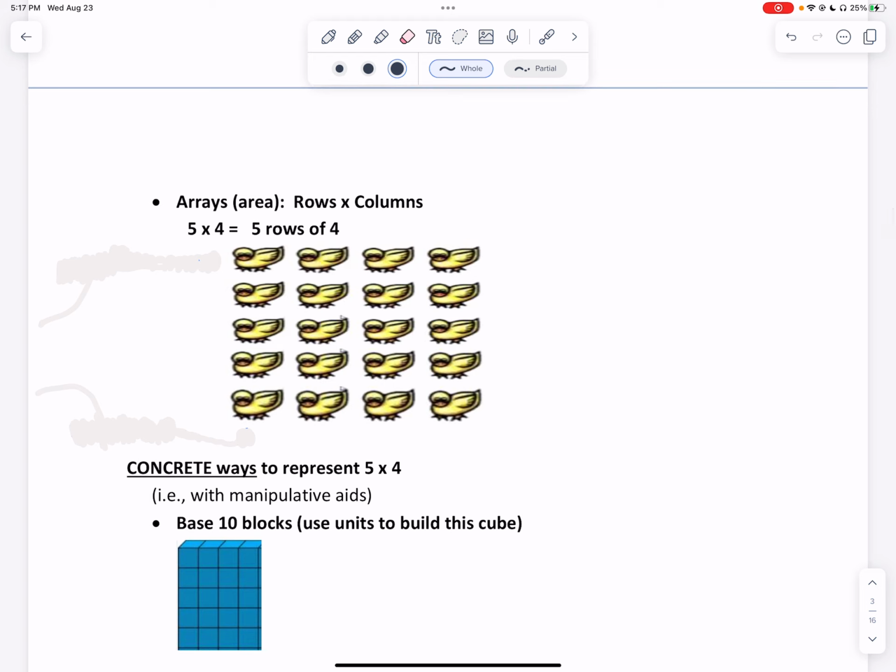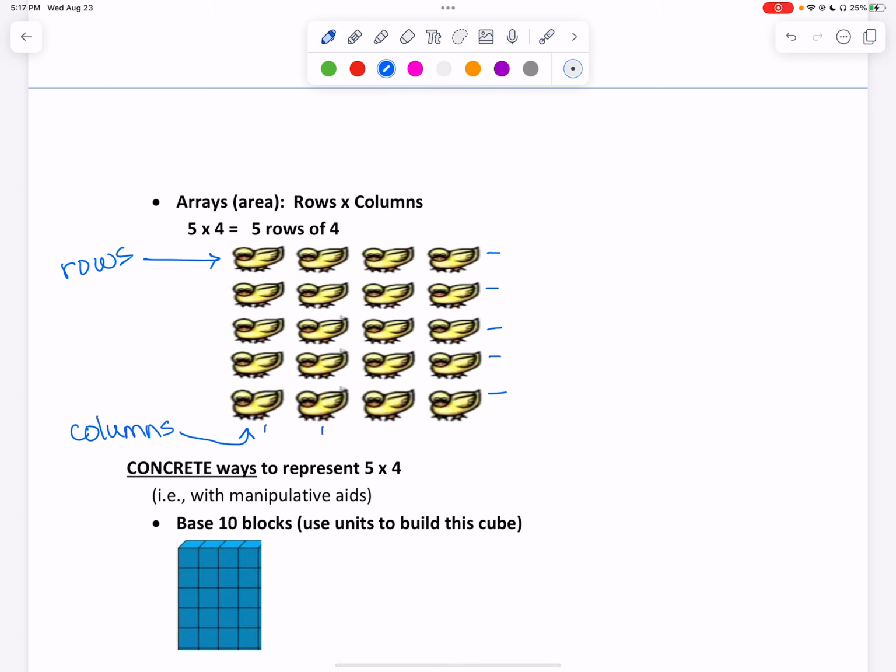Now our area model, 5 times 4, stands for 5 rows of 4. Here are all your rows: 1, 2, 3, 4, 5 rows. And there are my columns. 5 rows and 4 columns.